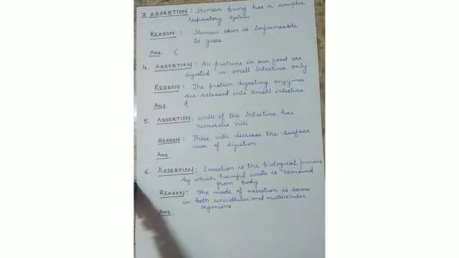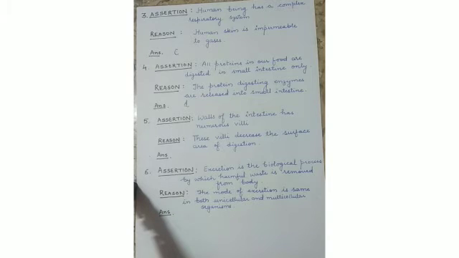Next, fifth question. Walls of the intestine have numerous villi. Reason, these villi decrease the surface area of digestion. Now here assertion is very much true that walls of intestine have numerous villi. Yes, this is right. But the reason is totally wrong here.